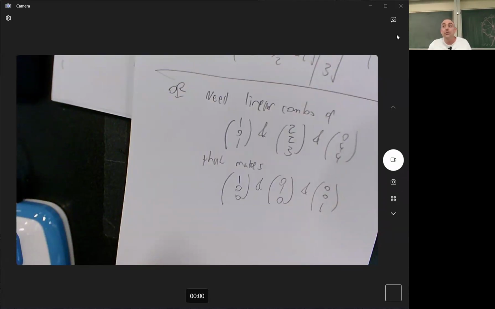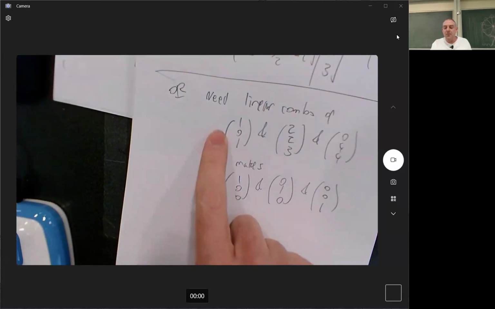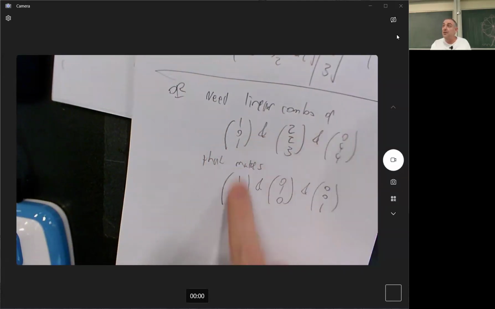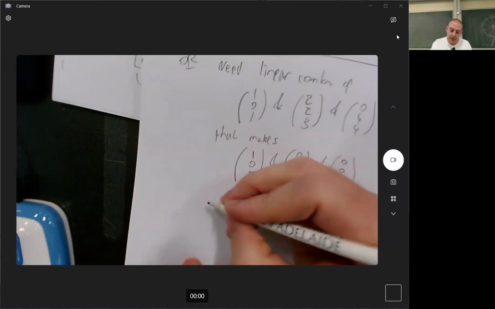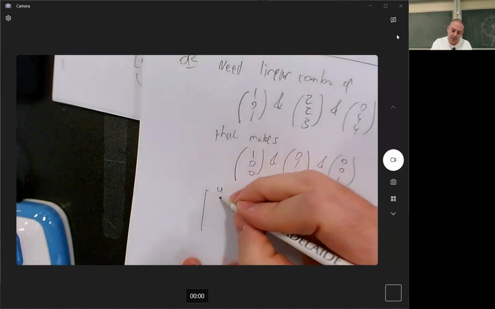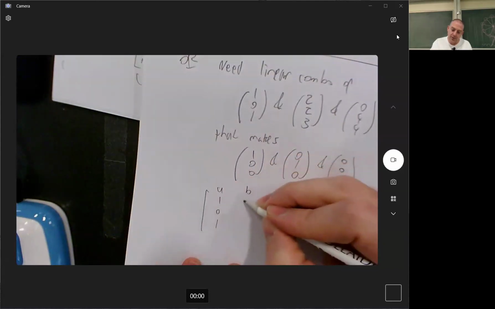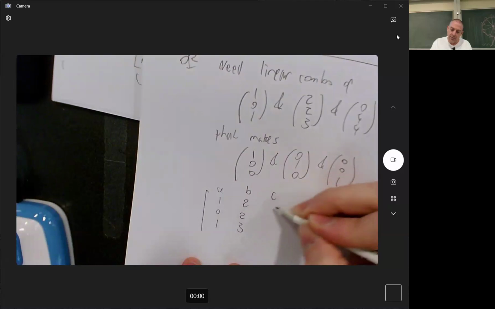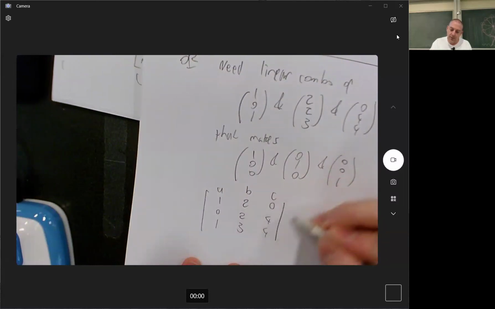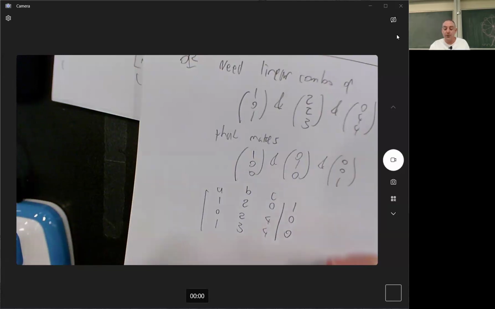So I need to solve the equation A times this plus B times this plus C times this equals this. And the way to solve that is to do a matrix. I need something times 1, 0, 1 and something times 2, 2, 3 and something times 0, 4, 4 that comes out to 1, 0, 0. And if I row reduce that, it'll tell me what A, B, and C are, and that's the correct combination that I need.